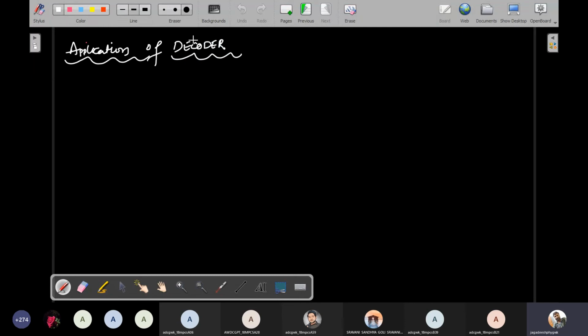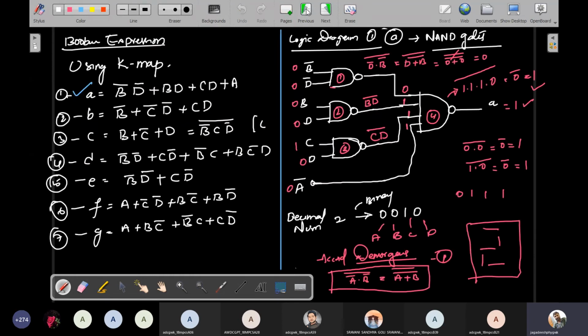Okay, understand? So the first point is: decoders are used for code conversion. You can convert any code, any decimal code, because in this application I clearly explained.